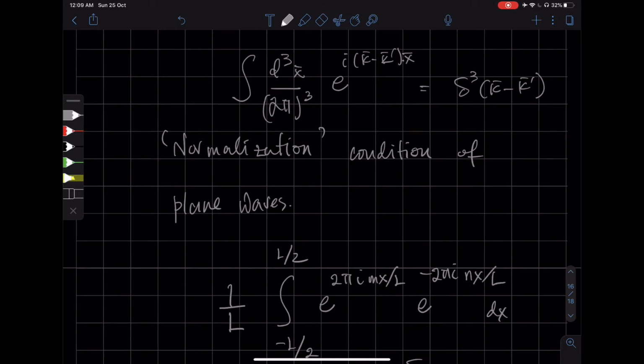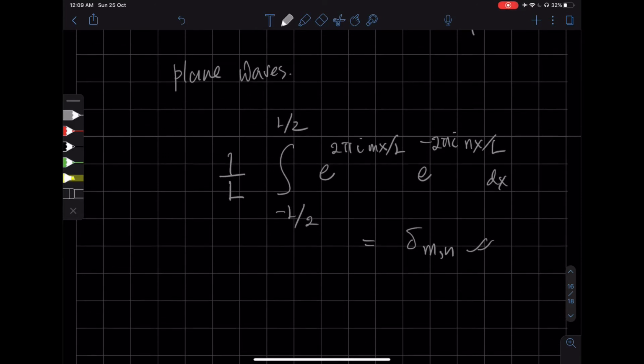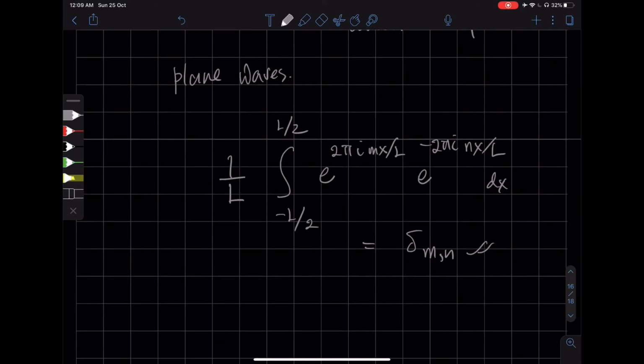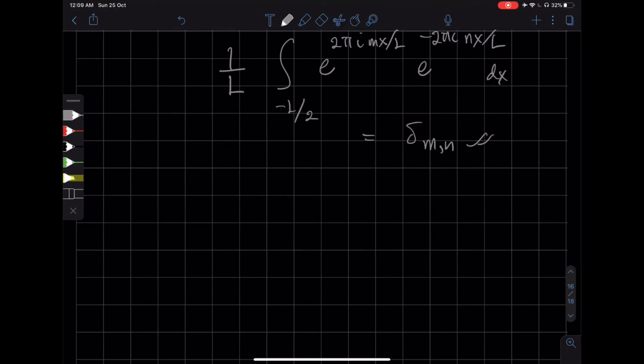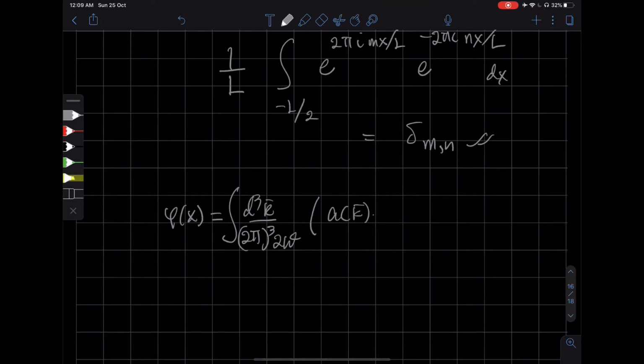So using this in the expression for our scalar field, which remember is given by phi of x equals the integral d cubed k over (2 pi) cubed, 1 over square root of 2 omega, times a of k e to the power minus i kx plus a star of k e to the power i kx.